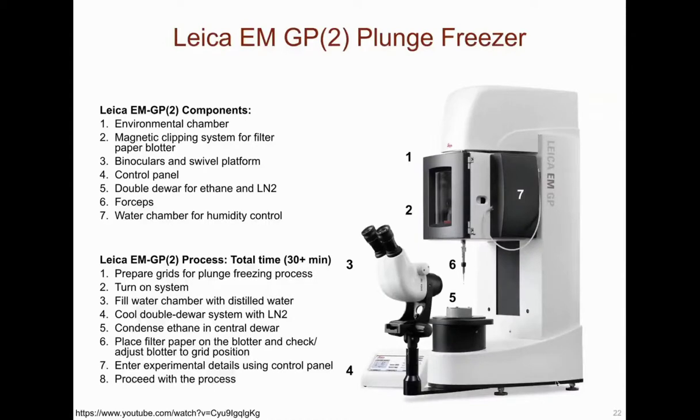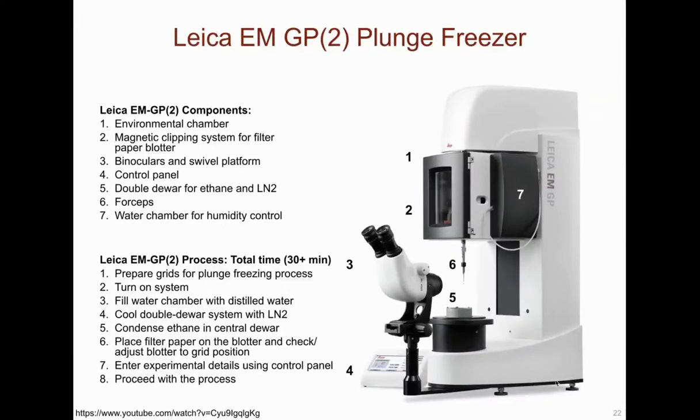The computer control panel allows the user to enter experimental details, including temperature and humidity values, ethane dewar temperature, and blotter conditions. A double dewar system is present for condensing ethane in a safe, controlled manner. Forceps or tweezers are used for holding the EM grid. And the refillable water chamber serves to regulate humidity in the environmental chamber.